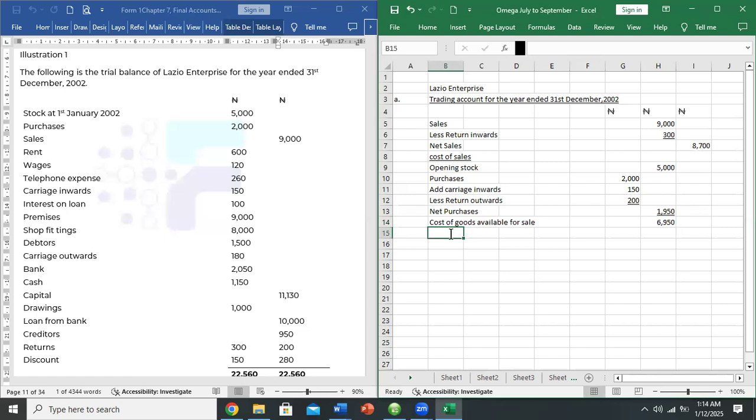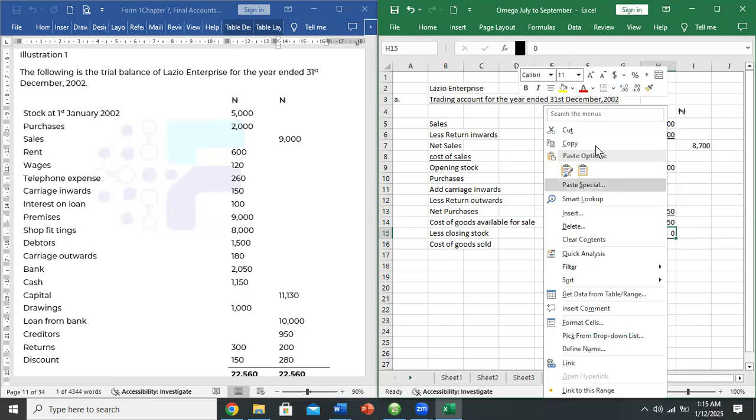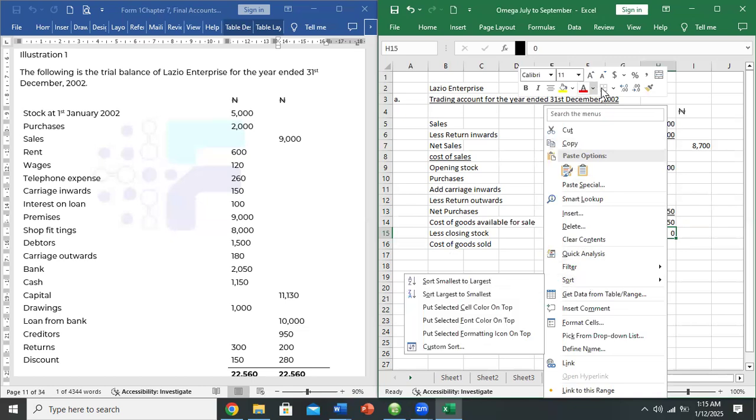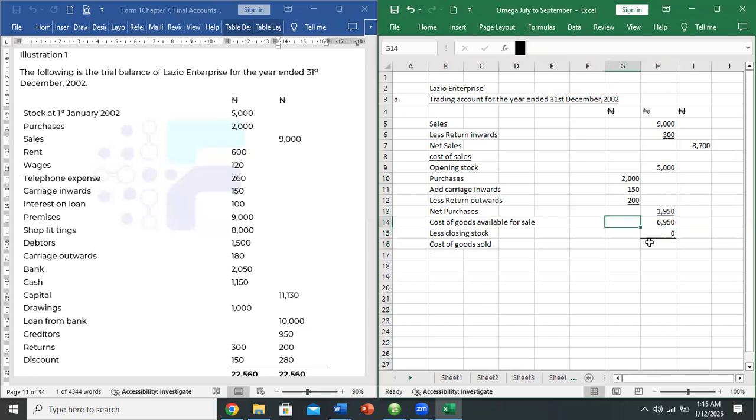Great. Then you are supposed to less closing stock, right? But there's no closing stock there. So less closing stock, which is 0. The closing stock is 0, bringing you to the cost of goods sold, 6,950.